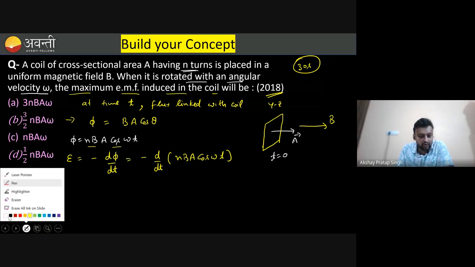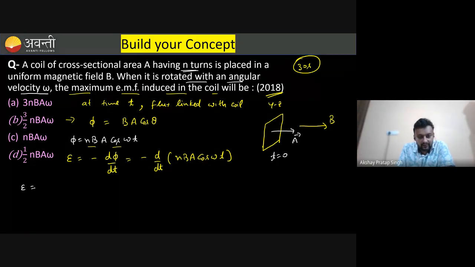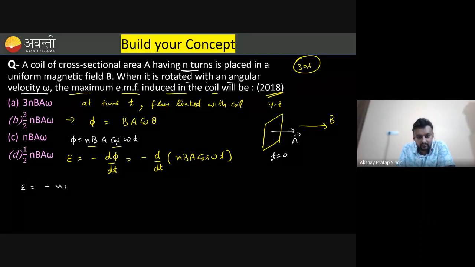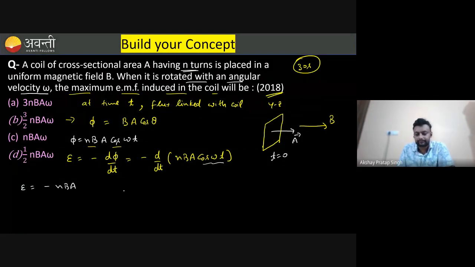If you differentiate, what you will get is EMF equals minus, NBA are constant, and if you differentiate cos omega t, what will it become? Minus sine omega t, and negative can be cancelled. And if you differentiate it again using the chain rule, then omega will come out. So the EMF is NBA omega sine omega t. Let's suppose this is equation number one.